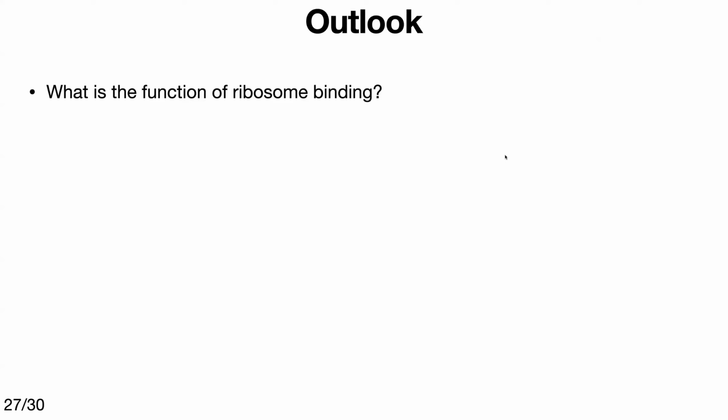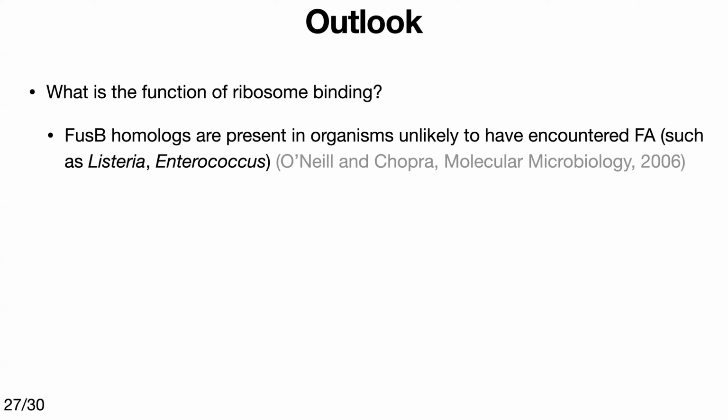And maybe there are some clues in FusB homologs, so other proteins that are related by evolution to FusB and are similar, because some homologs are present in organisms that are unlikely to have encountered fusidic acid, for example Listeria or Enterococcus.